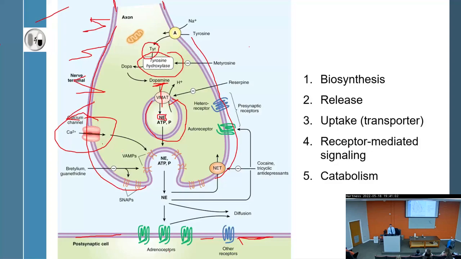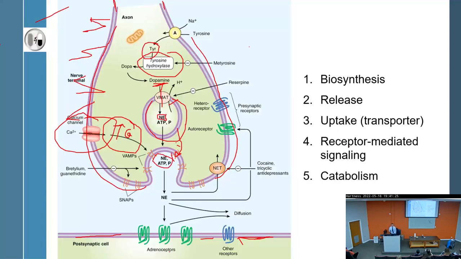It opens, and then calcium increases inside the terminal. That's calcium going up, the concentration of calcium here. This is a very important event because it promotes the fusion of the vesicle with the plasma membrane of this terminal and the release of the neurotransmitter.